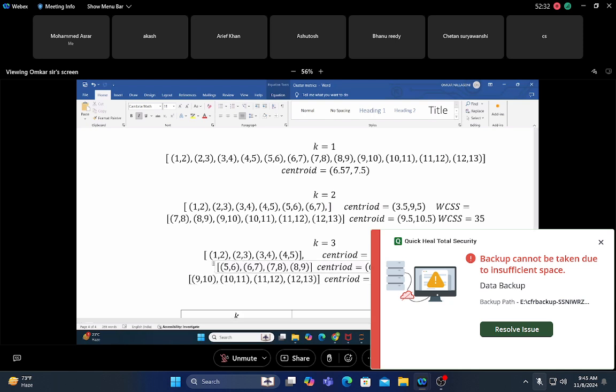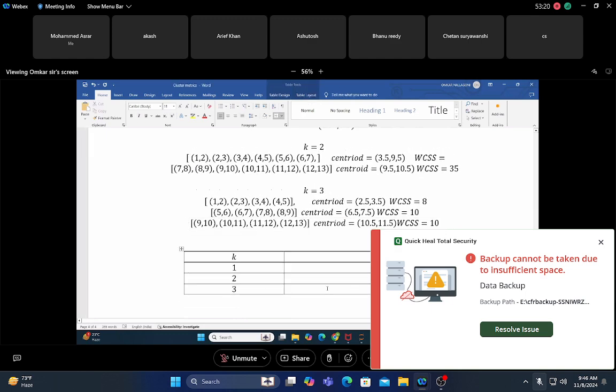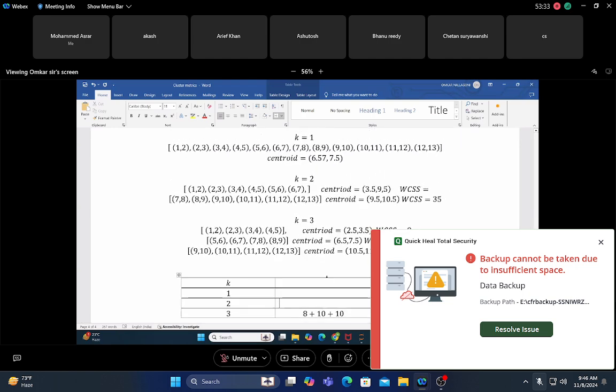First one, how much is this one? For K is equal to 3, the second one 10, then the third one also 10. The third one came, 8 plus 10 plus 10, 28 came.